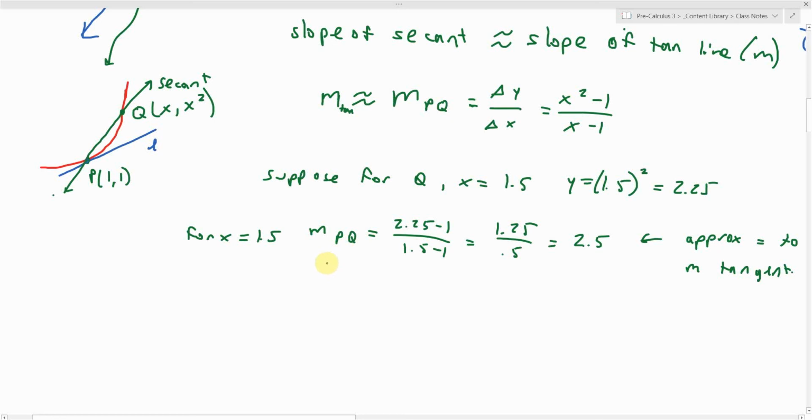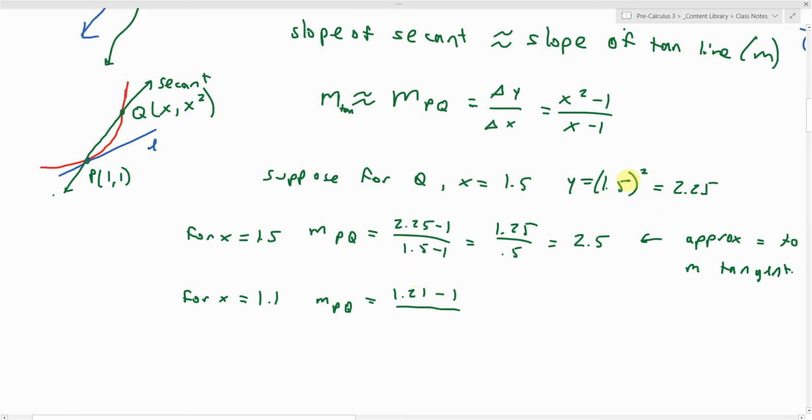But what would happen if we move a little bit closer? Let's pretend that Q is not so far away. Let's move Q a little bit closer and say, let's put it at x equals 1.1. Well, if x were at 1.1, then our slope would be 1.1 squared, which is 1.21, minus 1.